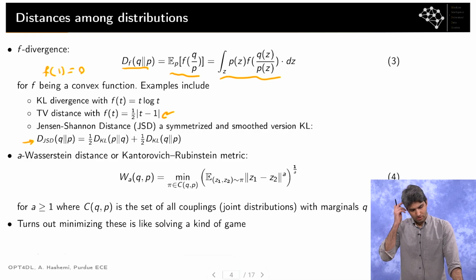Another class of distances between distributions is the Wasserstein distance, or Kantorovich-Rubinstein metric, which is written in this form.